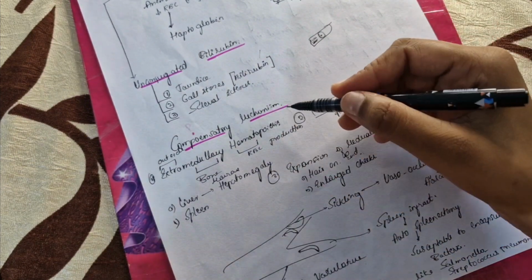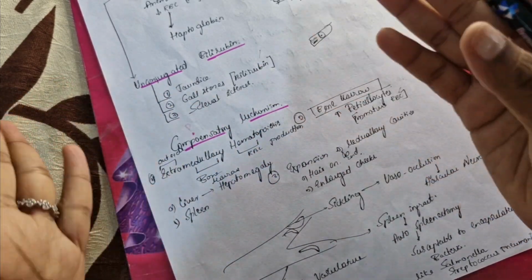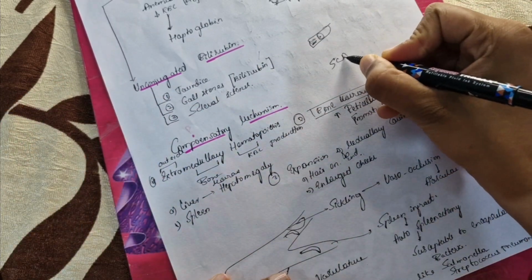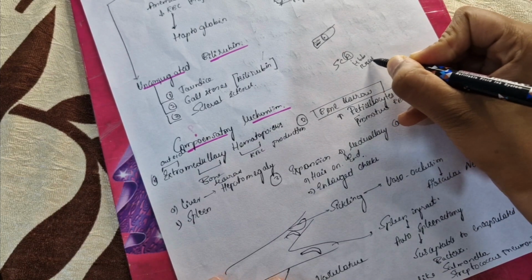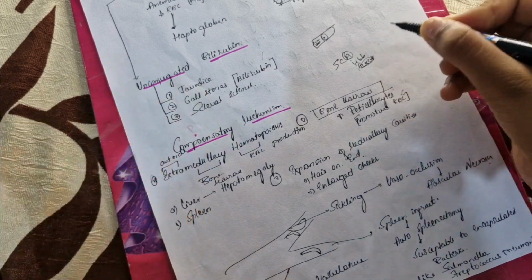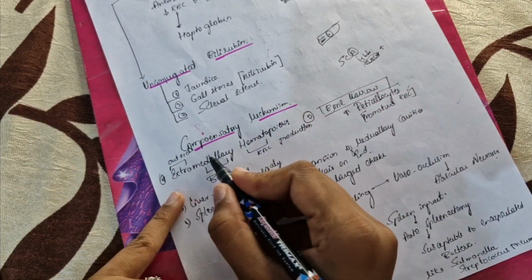And as a compensatory mechanism for the anemia in sickle cell anemia: anemia means hemoglobin concentration or RBC count is less, so RBCs should be synthesized more. So there is extramedullary hematopoiesis, extra meaning outside the medullary cavity.